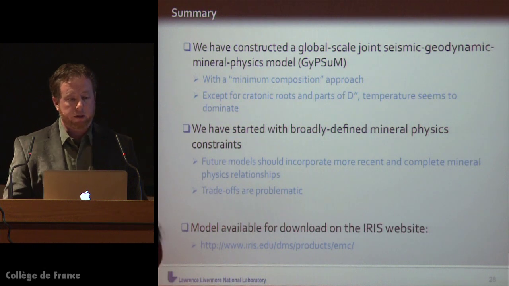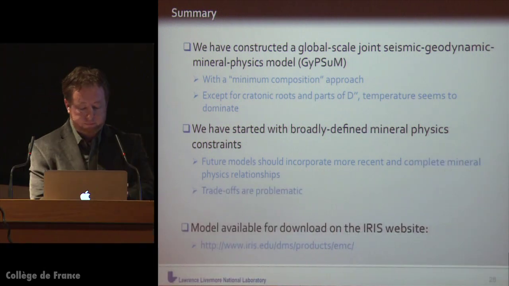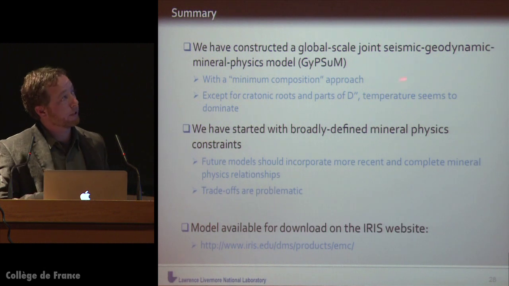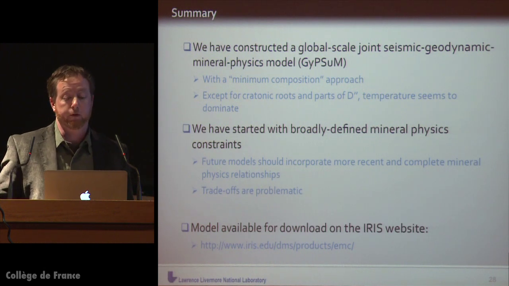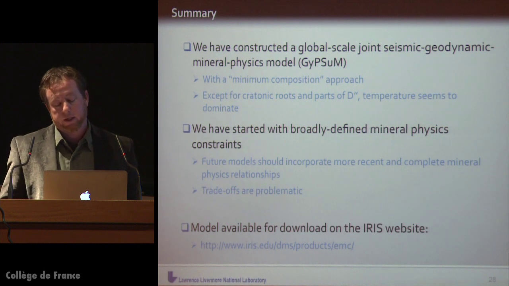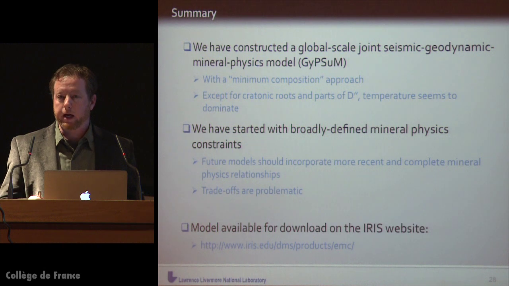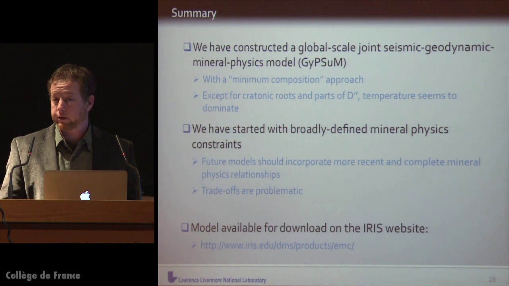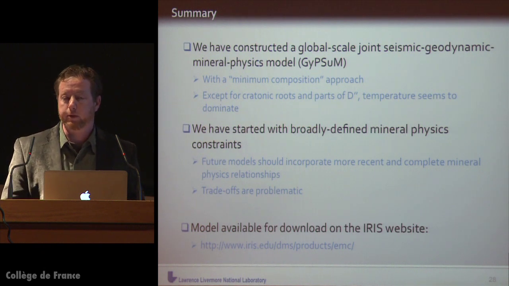So to give a quick summary, I'm pretty good on time. We've constructed a global scale joint seismic geodynamic mineral physics model, GyPSuM, and the approach, because of our optimization procedures, is designed to map most heterogeneity into temperature variations, if that's possible.